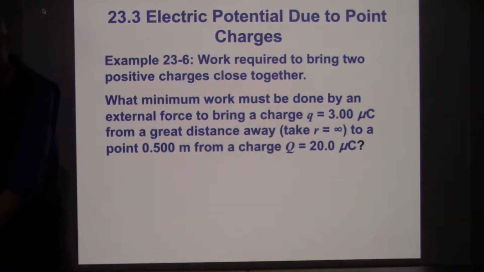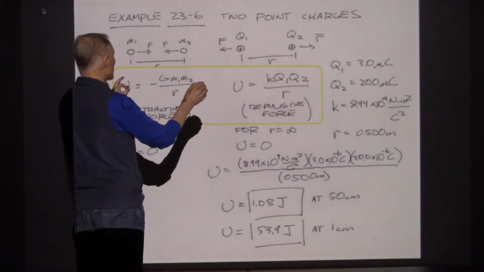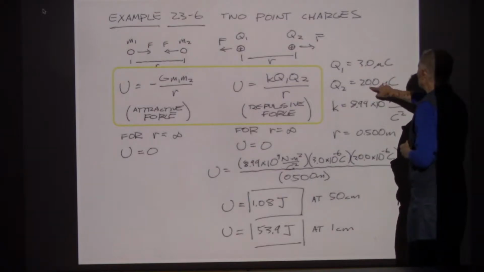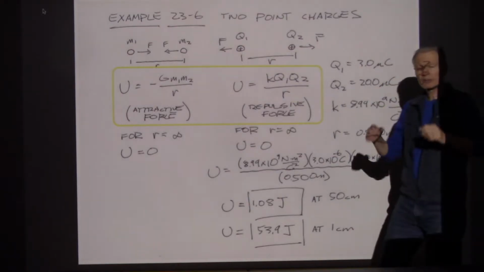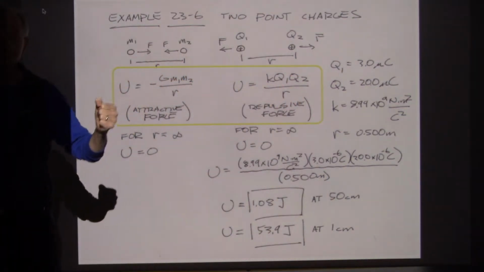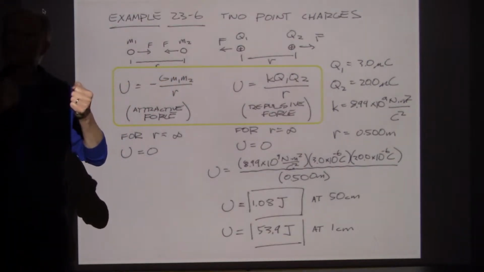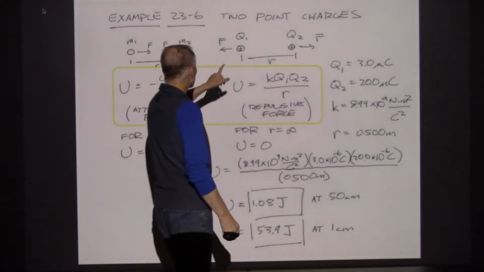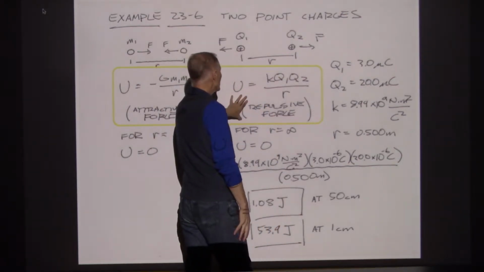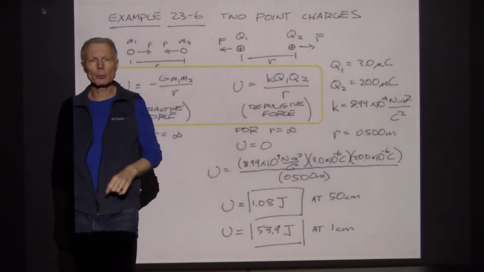But what we're really doing is taking two positive charges, 3 microcoulombs and 20 microcoulombs, from a situation where they were separated by an infinite distance, and bringing them closer. Now these are positive charges, so it's a repulsive force, and it's going to store up potential energy by bringing these closer and closer together.